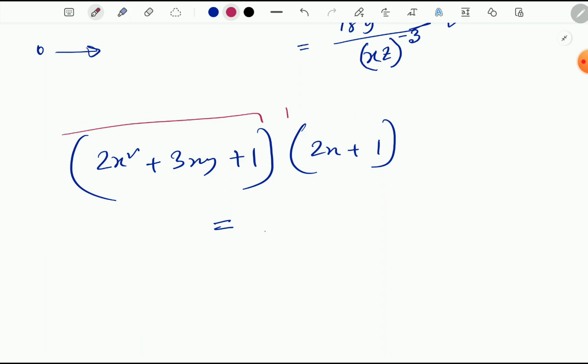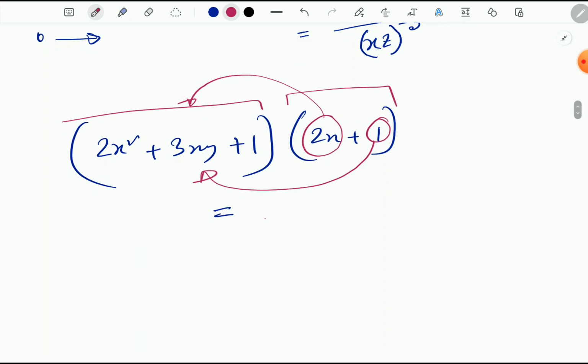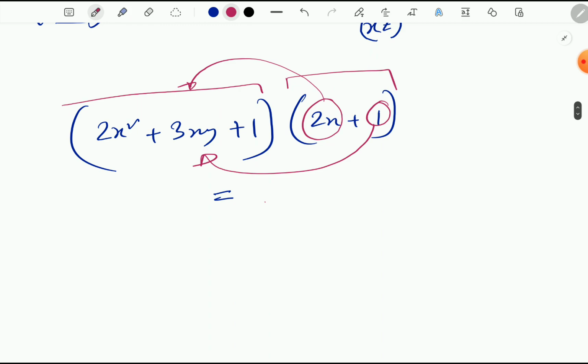So that means we have to multiply first by this 2x the whole term, then once again by the 1 the whole term, then we'll calculate. So this is the standard way. I believe you studied this in your schools, but I can show you one more time.